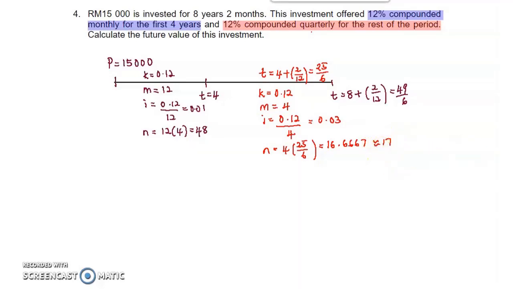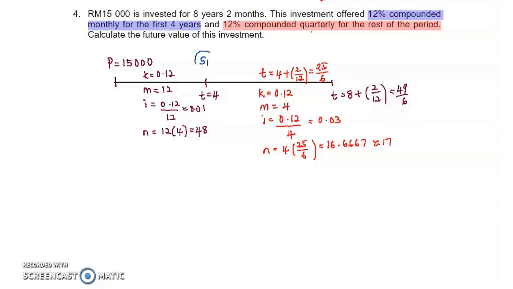Okay, now we want to find the future value, or accumulated amount, at the end of 8 years 2 months. Since we have the same rate of 12%, but two different frequencies of conversion: the first stream is compounded monthly, and the second stream is compounded quarterly. So we need to calculate the future value at the end of year 4 first.